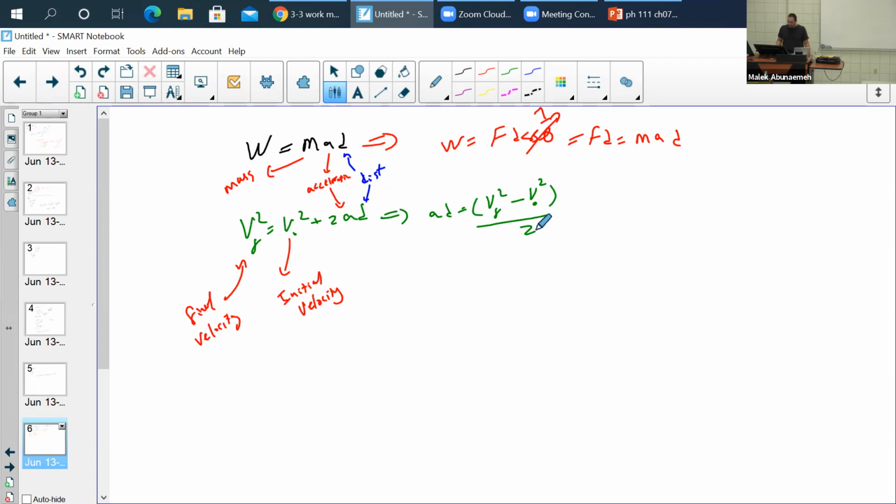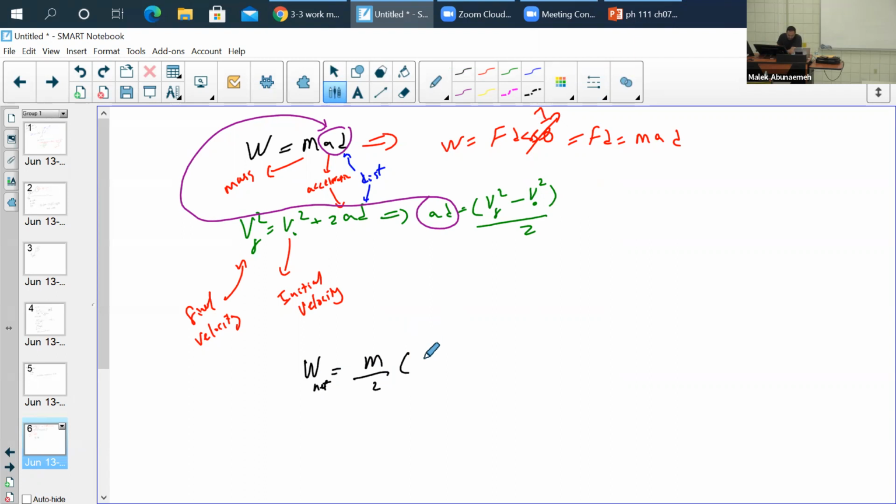Well, let's go ahead and plug that in here. So what you're going to have is your net work equal to your mass divided by 2 multiplied by your V final squared minus V initial squared.